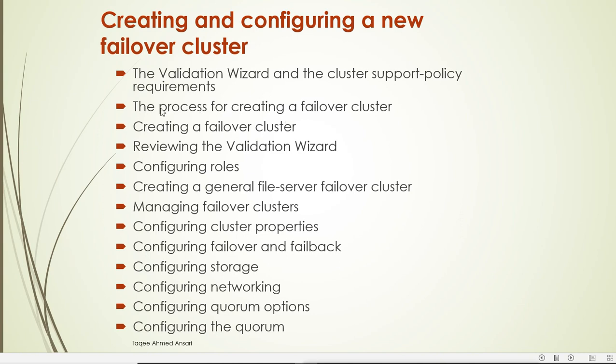Then the process of creating the failover cluster will start. First create a failover cluster, review the settings by validating with the wizard, then configure the roles, then create a general file server failover cluster, then manage the failover cluster: cluster configuration properties, failover and failback, storage, networking, quorum, and configuring the quorum.